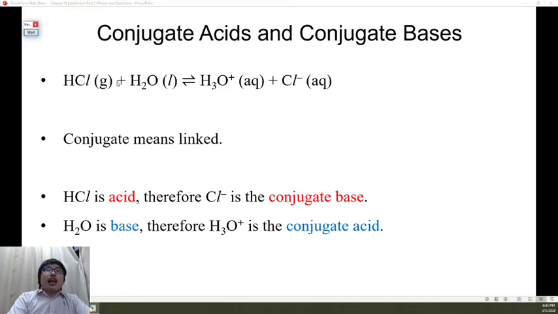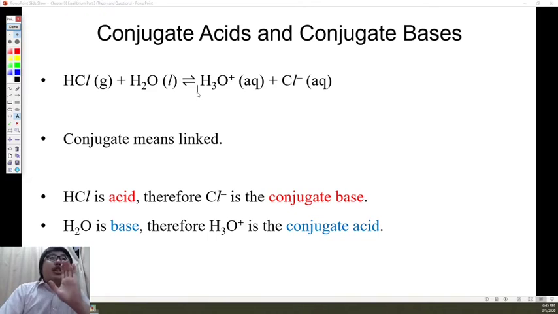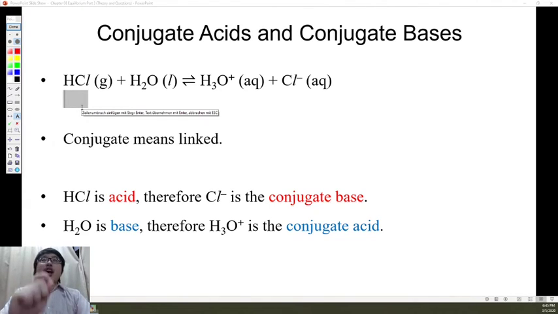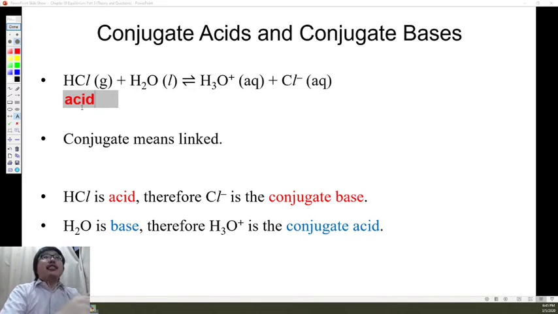So how does this have to do with equilibrium? We just focus on the forward reaction first. You agree with me, right? Because HCl forms Cl minus, it is an acid.